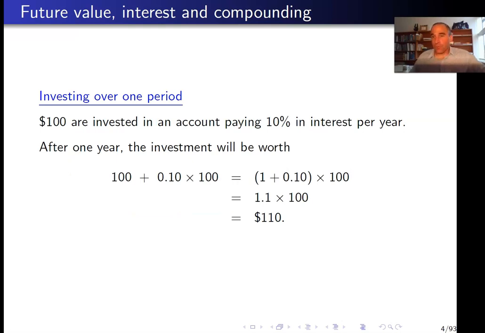For example, investing over one period. If $100 are invested in an account paying 10% in interest per year, after 1 year, the investment will be worth 100 plus 10% times 100, which means $100 plus $10, $110.